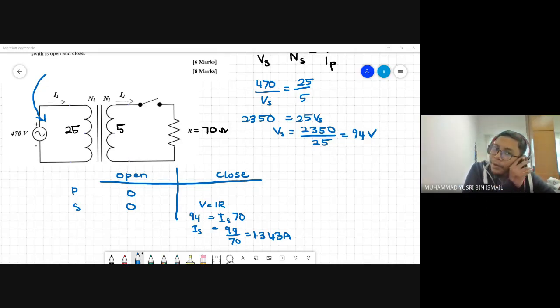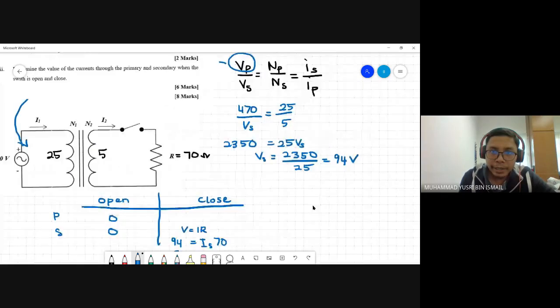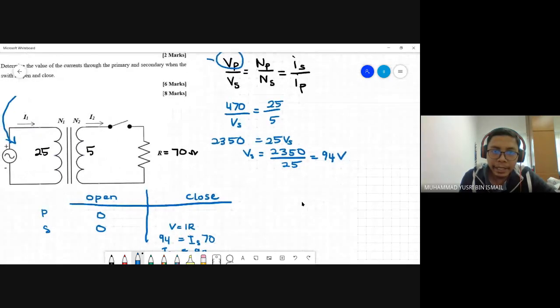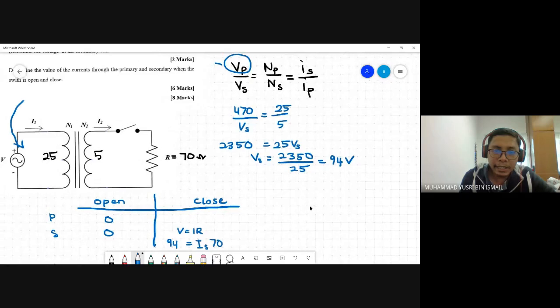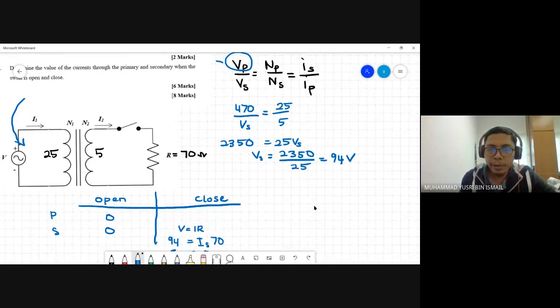For the primary circuit, you apply the ideal transformer formula.